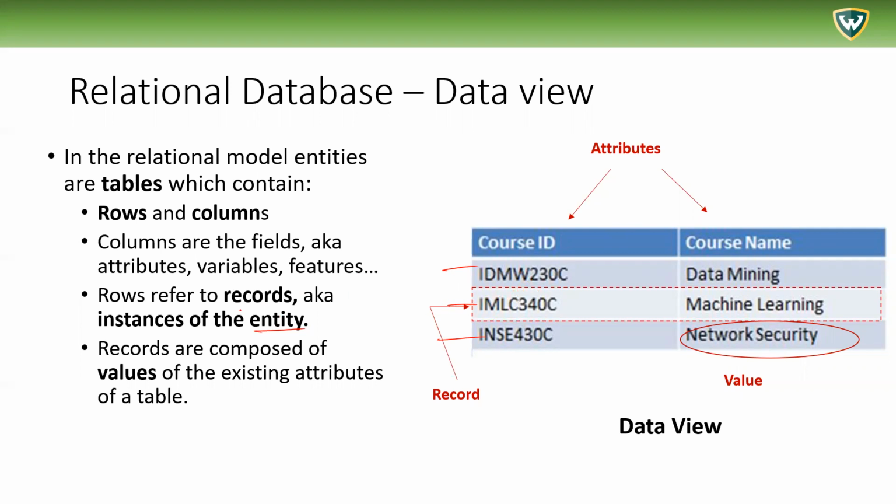But the records are instances of the entity within which it is found. Records are composed of values of the existing attributes of a table. So the data values are the actual information that gets plugged in within the structure of the table. Notice that a value is numeric or character, also called text-based. So a value can be both character and numeric.